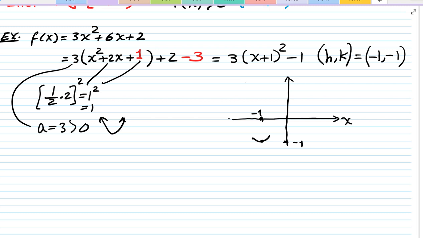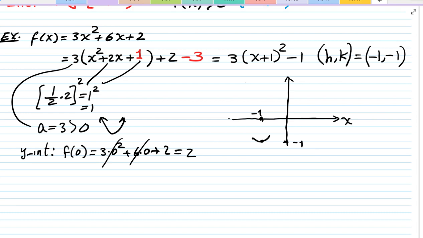There you go. Again, I need to know where it is going to cross on the y-axis. So I need to find my y-intercept. The y-intercept, that's when x is 0. We do f at 0. We get 3 times 0 squared plus 6 times 0 plus 2, and that's just 2, because these are zeros.